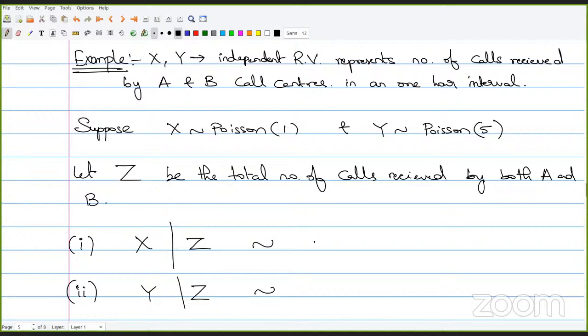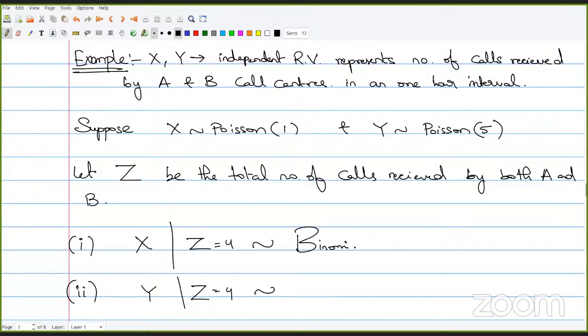Let me give you Z equal to 4. Now tell me. Binomial 4 comma 1 by 6.